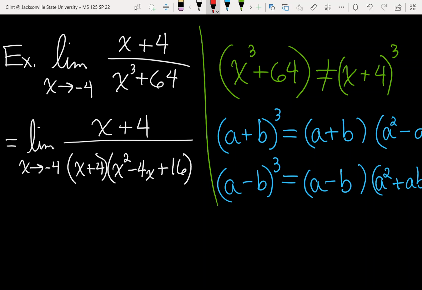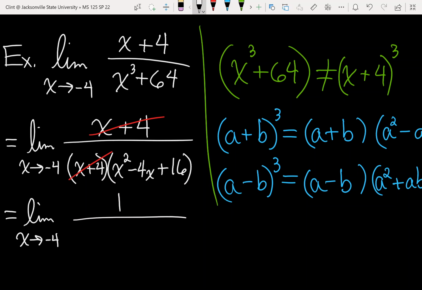So then we get the cancellation we want. Now we can use direct substitution. So what's left on the top? If we cancel something out, that leaves us a 1. Leaves us a 1, yeah. A lot of people forget and think it's 0.